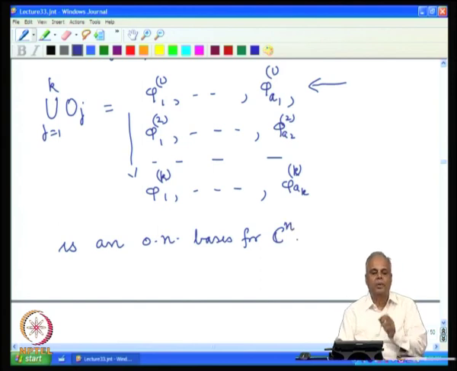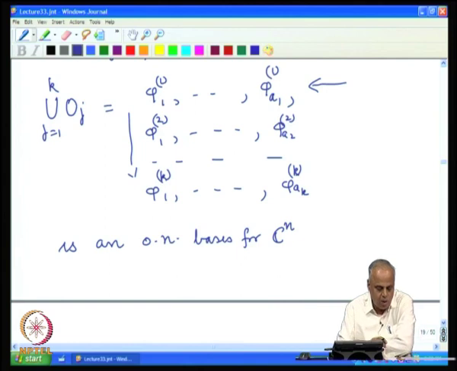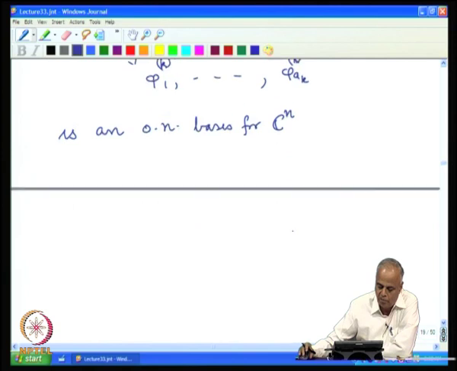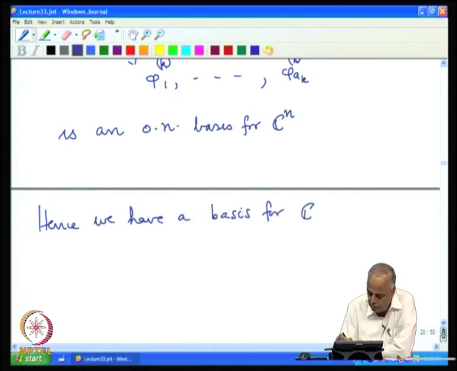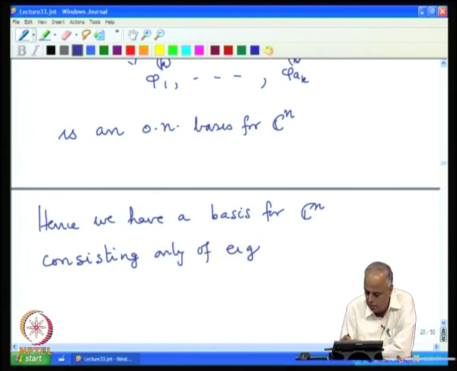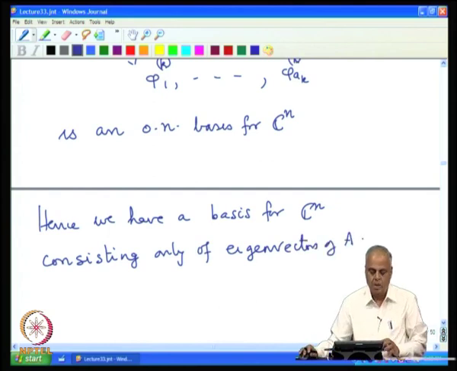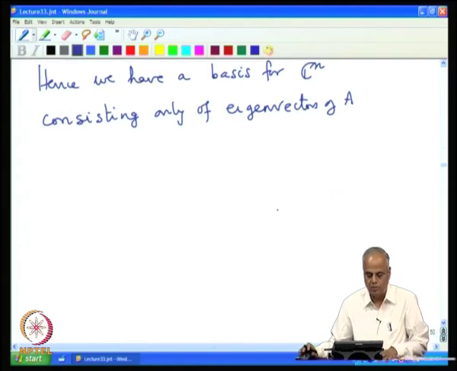So, therefore, we can construct an orthonormal basis consisting of only eigenvectors of A. Hence, we have a basis for Cn consisting of only eigenvectors of A. So, what is the consequence of this?